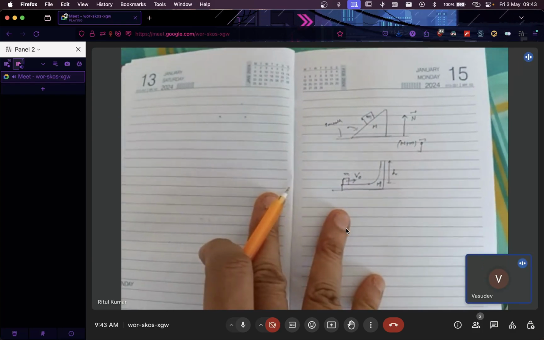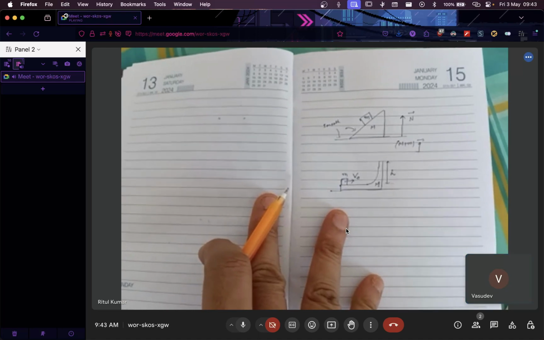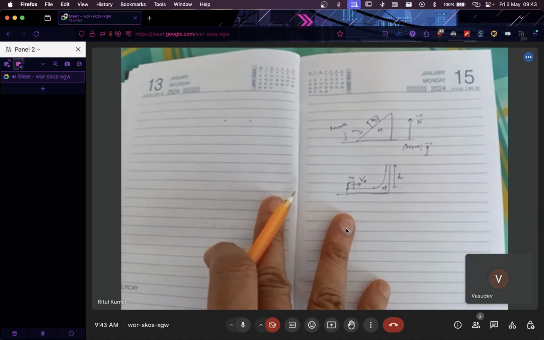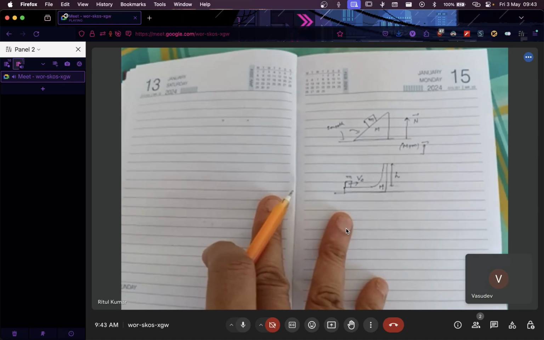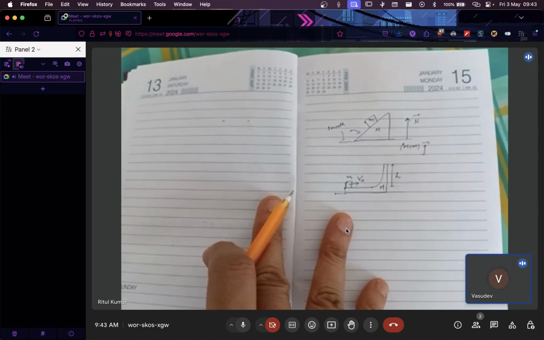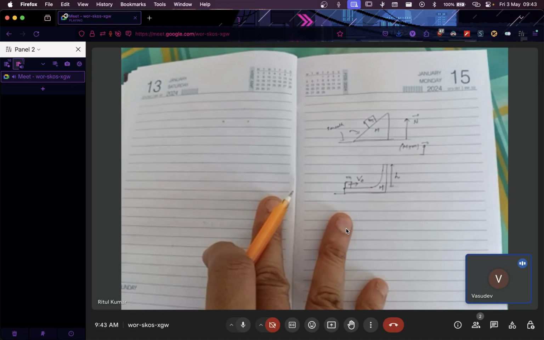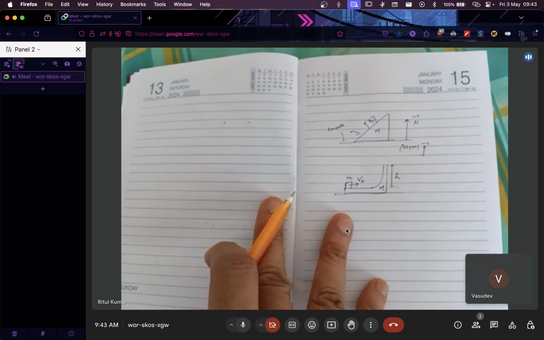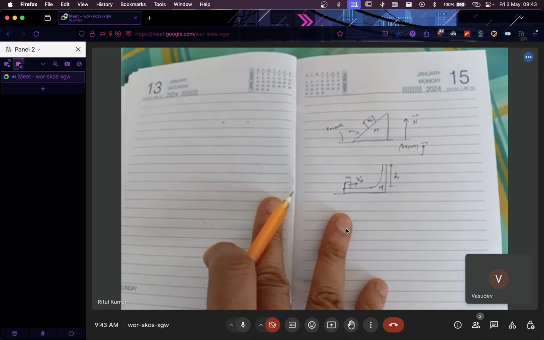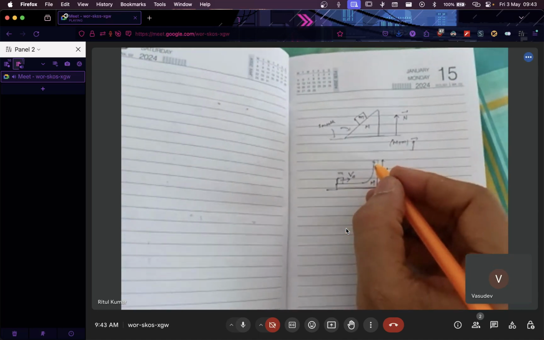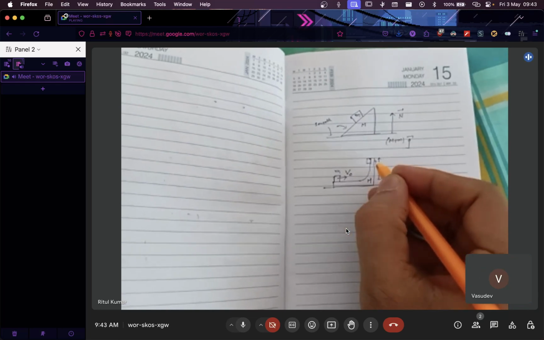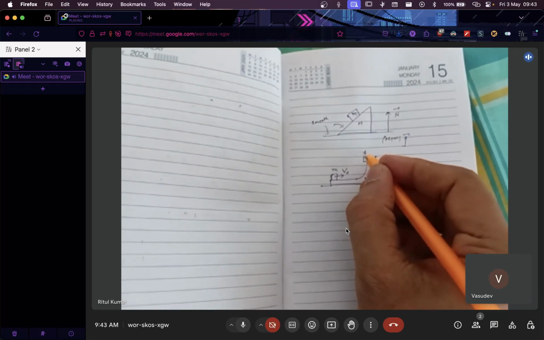If it leaves, then, my question is, if it's just leaving the track, wouldn't its velocity at the topmost point, the vertical velocity, be zero? If it leaves, then there should be some vertical component of velocity still remaining with the body, right?